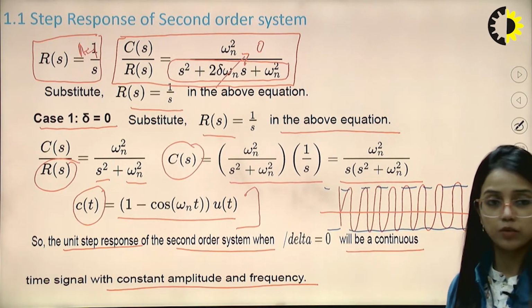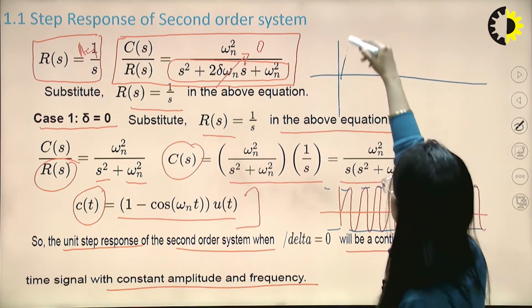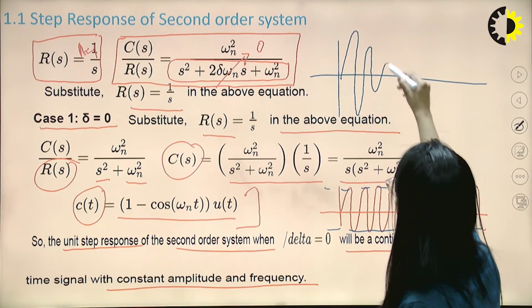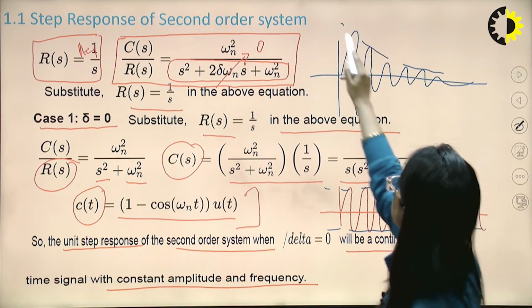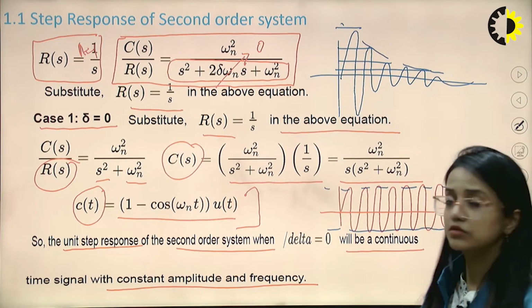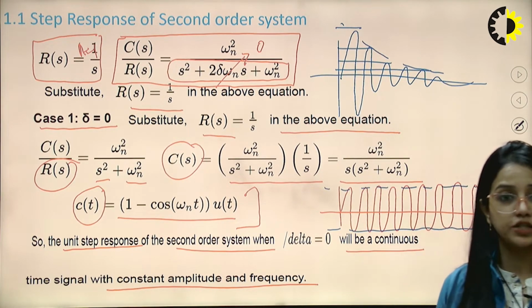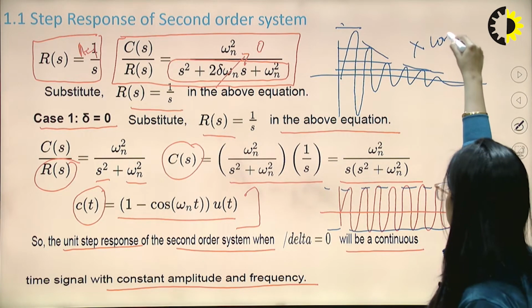Since there is no damping, let us consider that some damping is there. So if some damping is there, we have to go like this. So the amplitude is no more constant. Initially it's high, then it's less, then again reducing. So the amplitude is changing. So amplitude is not constant.